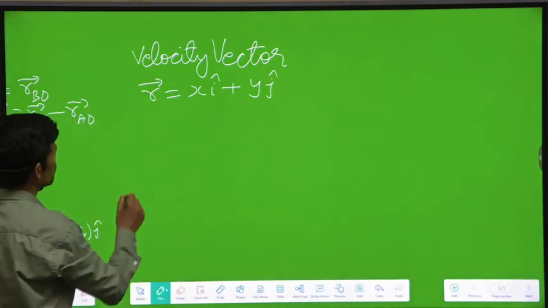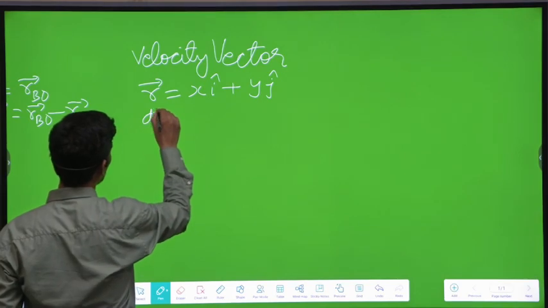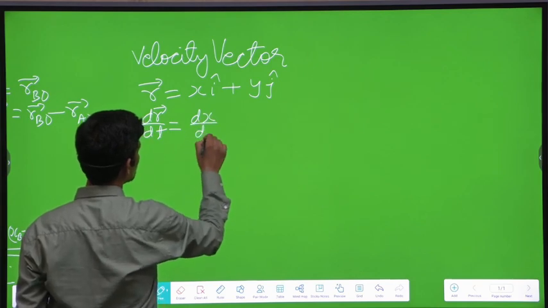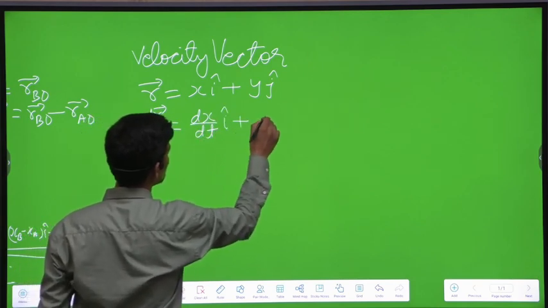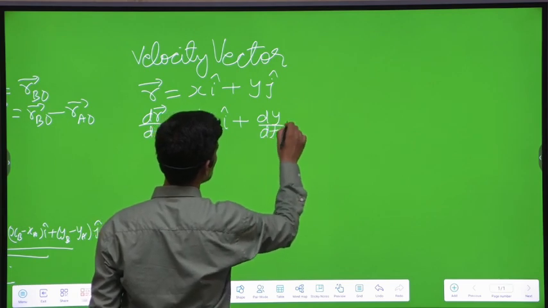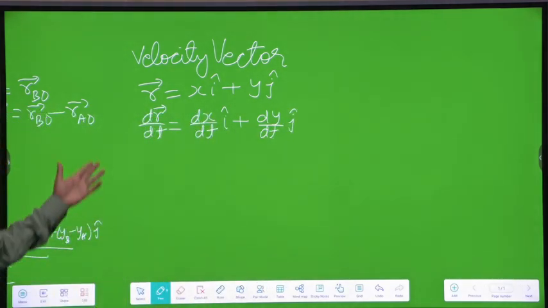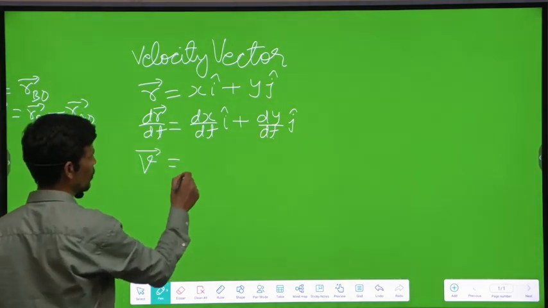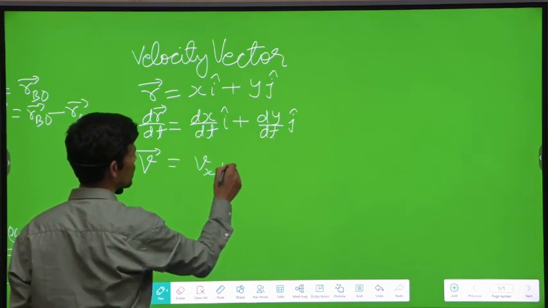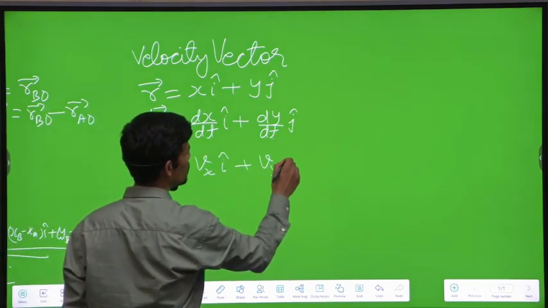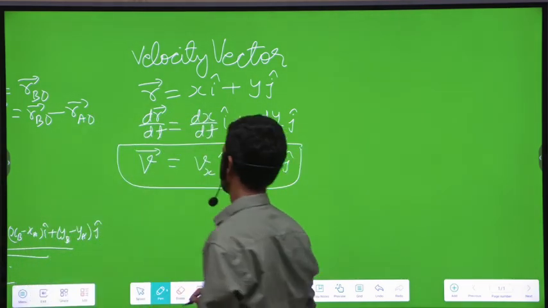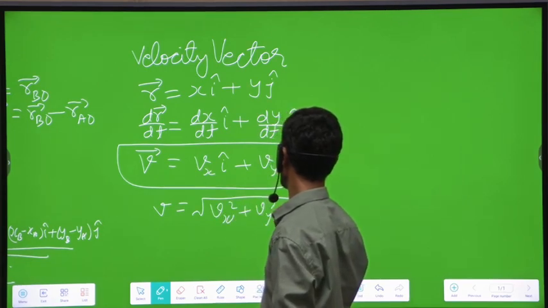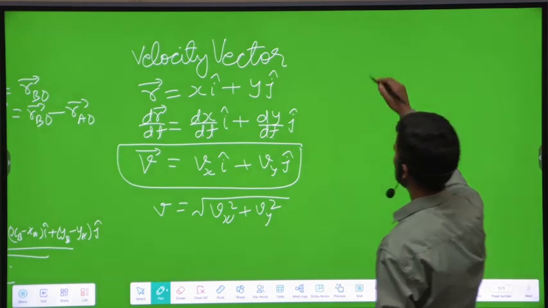Then if we differentiate it with respect to t, of course differentiation is a new thing and quite difficult also, but here it is very simple. dr by dt is the overall velocity vector, and here it is vx i cap plus vy j cap, and we know the magnitude is root of vx square plus vy square.